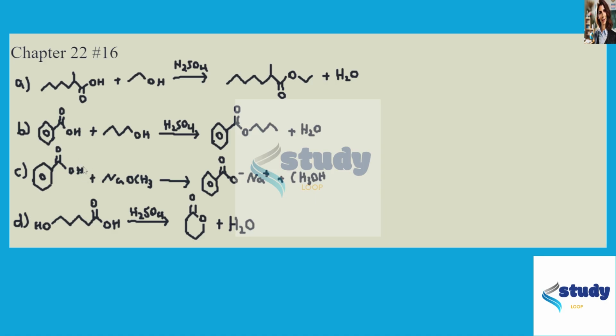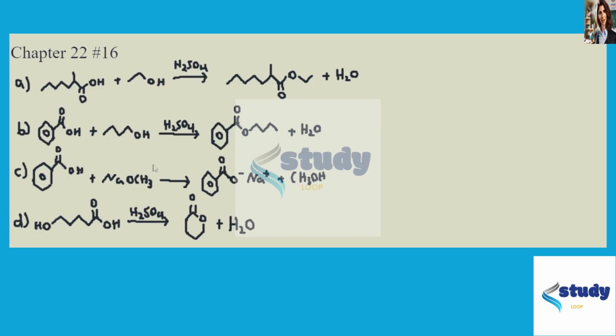Deprotonating the carboxylic acid makes, in this case, the benzoate ion, and the benzoate ion is already electronically rich. Remember, there will be a negative charge on this oxygen, and so it's just not going to react the same way because the carbon is not going to be as electrophilic. There's already extra electrons in this system.